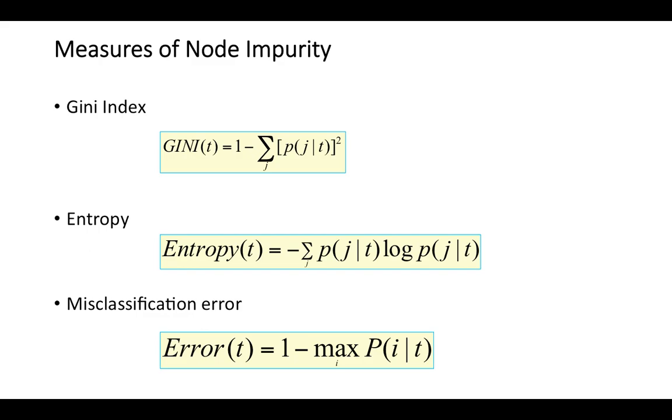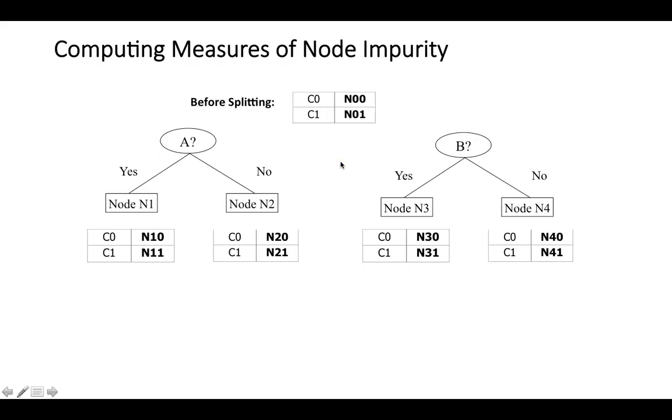So these are given by this matrix. The Gini index is given by 1 minus the sum of these squared probabilities. So how do we do that? Let's say that before splitting, you have class 0 and class 1, with counts N0 and N1. Let's say that you are splitting in terms of attribute A, and we have these values here.